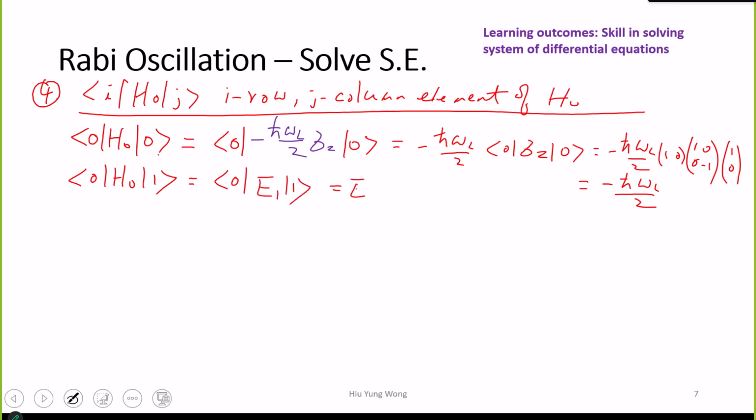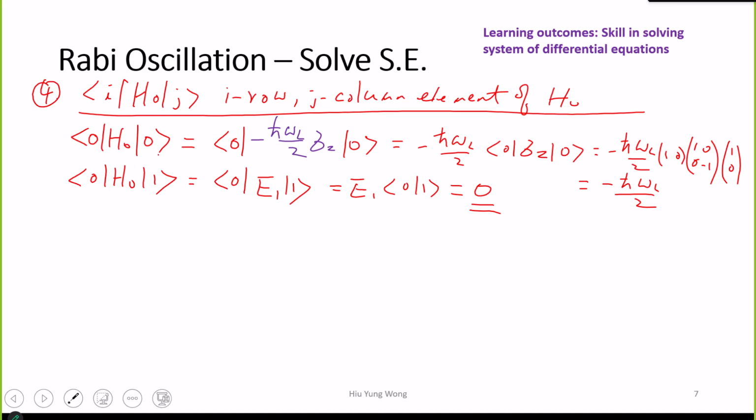So this is a good way to understand, very good. Or it doesn't have off-diagonal element. Or you just plug in this equation, but instead replace this by |0⟩, |1⟩. You will get 0. Okay?